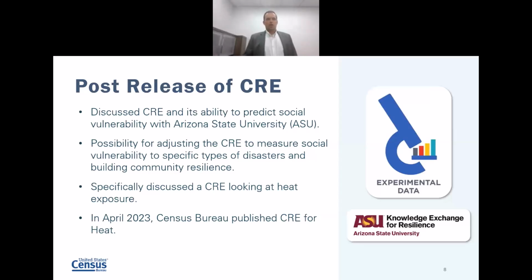So are there things you can do to adjust to make that estimate for a specific type of disaster? The group at ASU was most interested in us looking at social vulnerability to extreme heat. We were able to work with that team and use their expertise and make adjustments to the CRE to create the CRE for heat. And we released that in April of 2023.